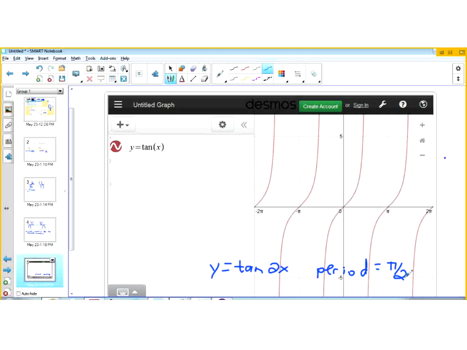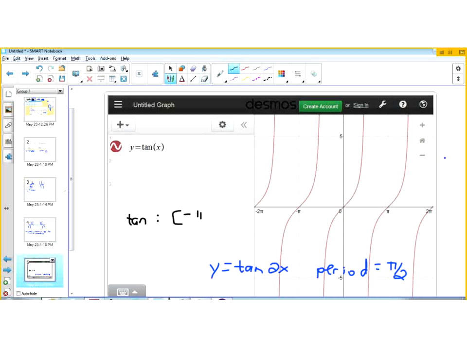I guess you could say the period of the tangent function we usually take to be something like this. So here's how we can proceed with the sketch. It's a little bit tricky here, but the tangent function, its interval period ranges from negative pi halves.